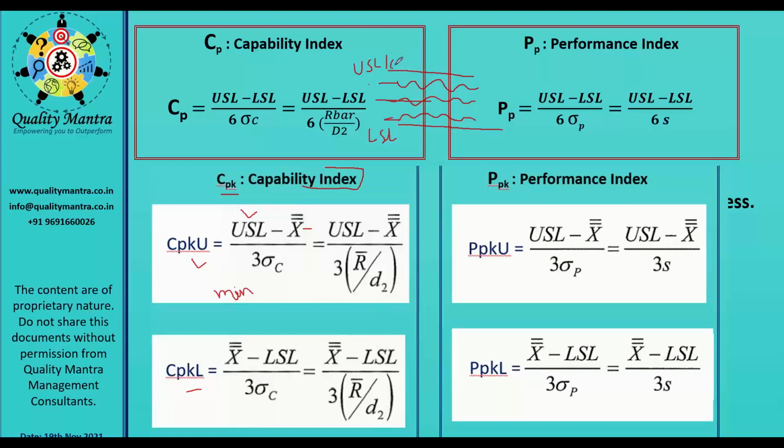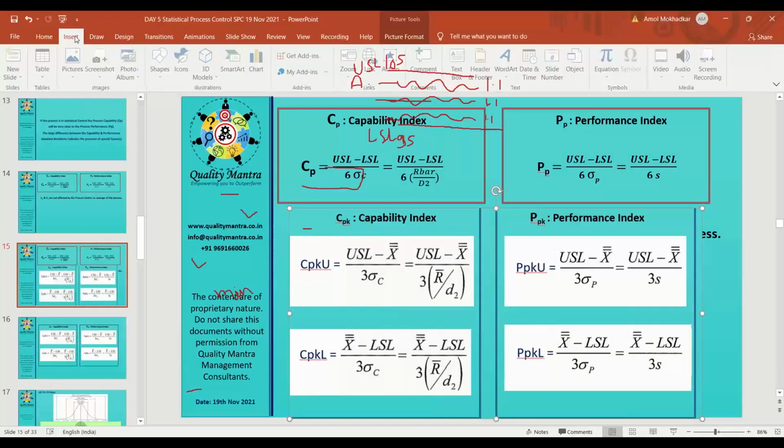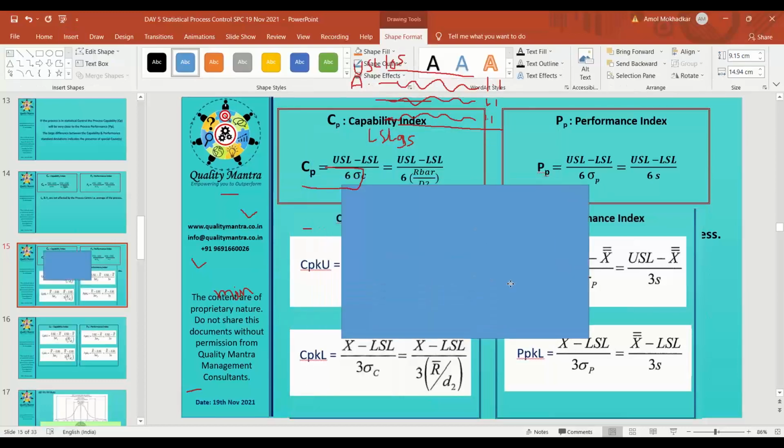Now, if your process is running here, just imagine the same scenario. The USL is 105, the LSL is 95. Same scenario I am taking. Your sigma is 1.1. I am saying the sigma is the same, 1.1. No problem. Take the variation as the same for all the cases. But for the average of each process, for clarity I will insert a bar and then write.